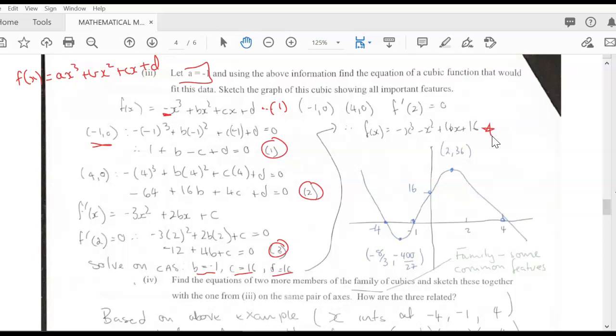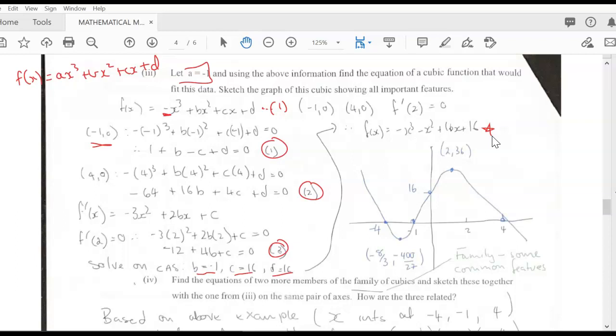Now plotting the graph, just do it on your calculator, but if you needed to know what the points are, I'm just trying to think of how we can do that too. I think the only way is to find the gradient.